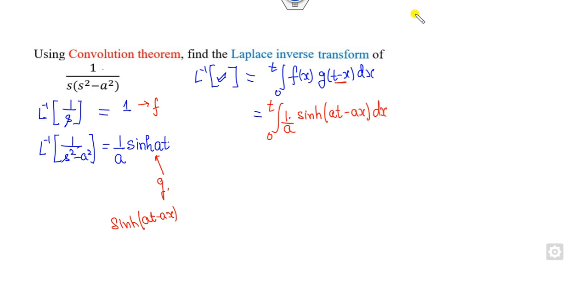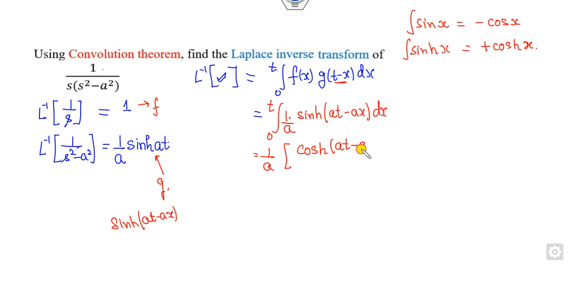Fine. So remember, you all know the integration of sine will be minus cos x, but the integration of sine hyperbolic x will be plus cos hyperbolic x. So I can do that. 1 over a is outside. Integration of this is plus cos at minus ax divided by derivative of this, minus a, from 0 to t.